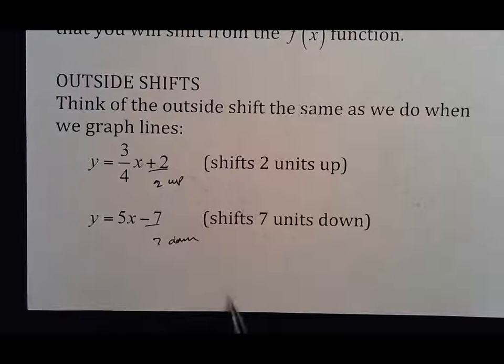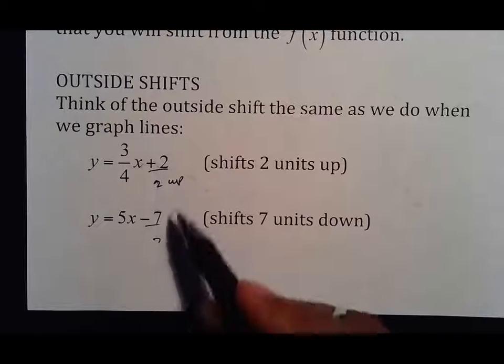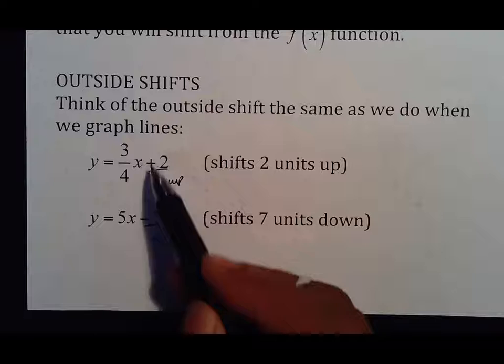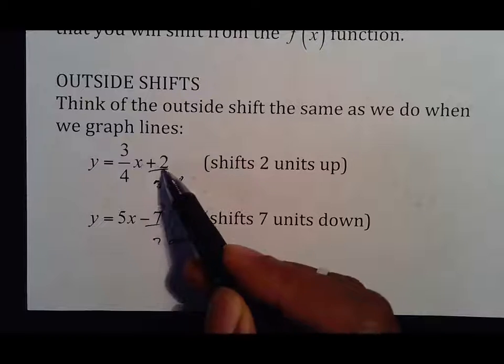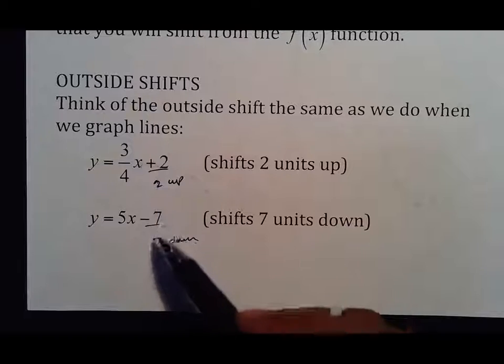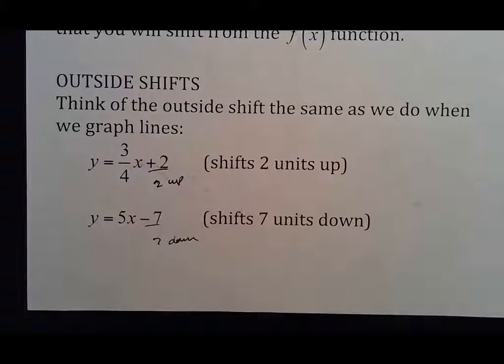Any number that's added on to your actual function moves up and down. So the outside number, as you'll call it, moves the graph up and down. You just have to write that down and make sure you know it. But use your experience with a line as your hint that this number is your y-intercept. Generally, it tells you where to move up or down to start your graph.